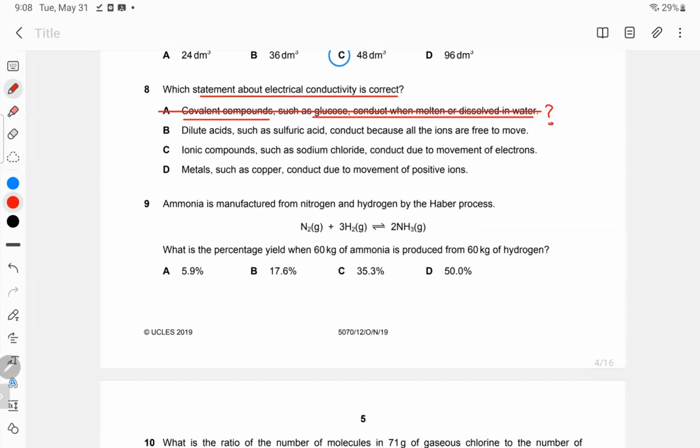Yes, it can be, but what about the next option? Ionic compounds such as sodium chloride conduct due to the movement of electrons. No, it is wrong, because sodium chloride is an ionic compound. It can conduct electricity by the movement of ions, not electrons.